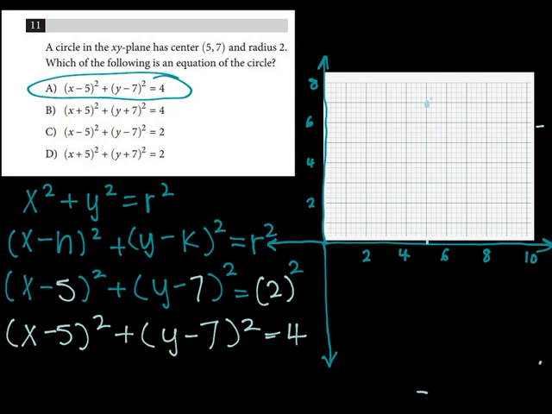So the radius is 2 units outwards. This is not the best representation of a circle, but the circle would be something around this.